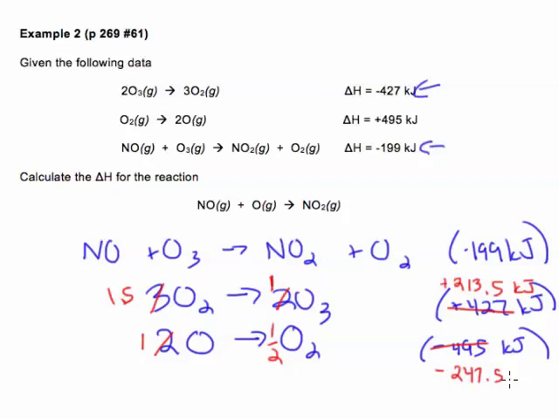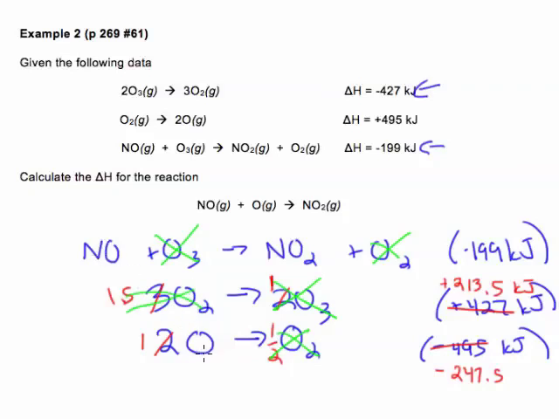We have 1 reactant and 1 product. Our diatomic oxygen, we have 1 here, but we also have a 1/2 here. So we have 1.5 on this side and 1.5 on the other side as well. This gives us nitrogen monoxide plus a single oxygen, making nitrogen dioxide, and that's it.